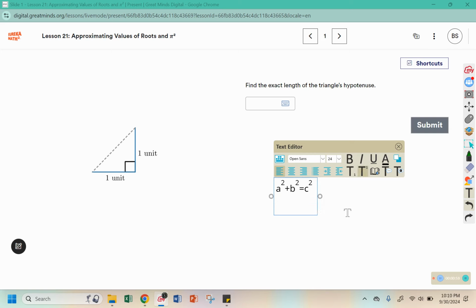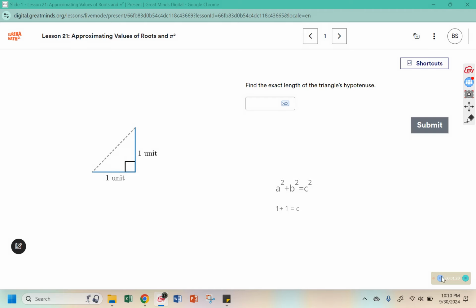So we will do 1 squared, which is 1, plus 1 squared, which is 1, and that is going to equal c squared. One plus 1 is 2, so c squared is 2.